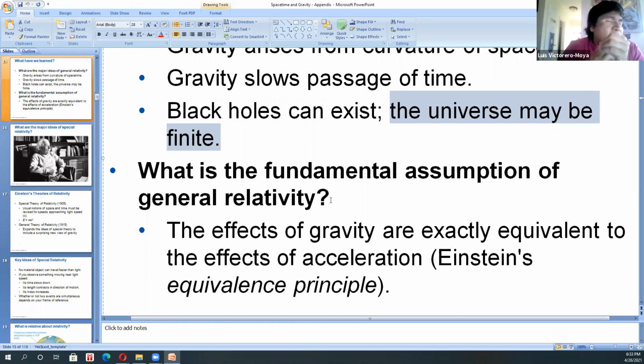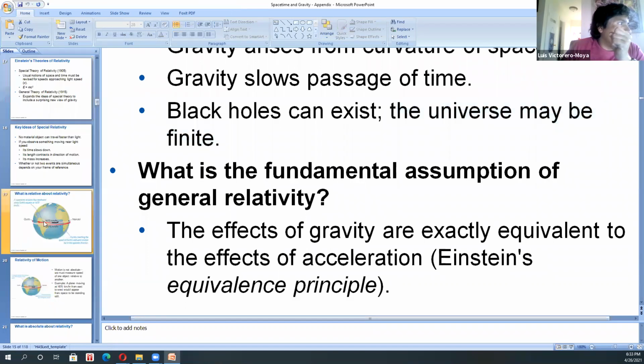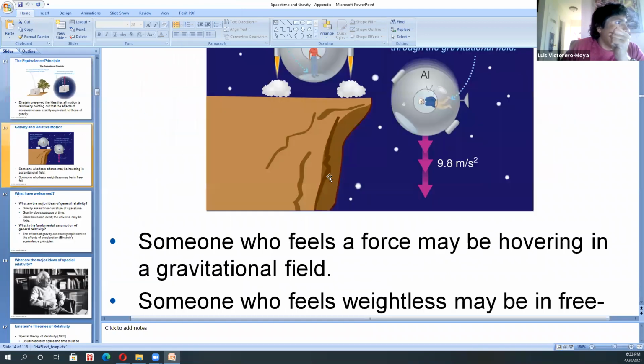So the fundamental assumption of general relativity is that the effects of gravity are exactly equivalent to the effects of acceleration. That's the principle of equivalence, or the equivalence principle from Albert Einstein, all right? So what is that telling you? That's telling you that if you are in a spaceship, and there is a figure here, there, right?